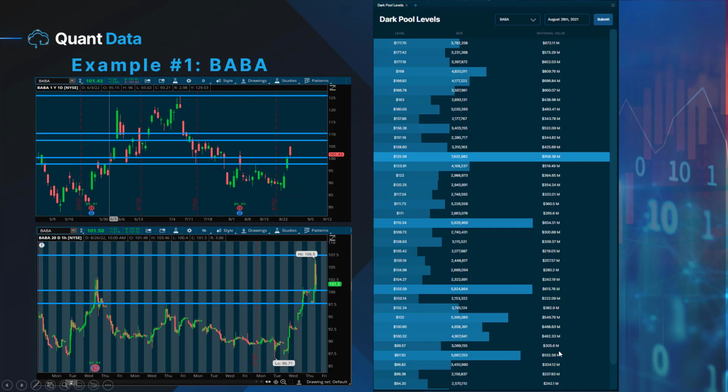So over $500 million was executed at this 97.50 level on the symbol BABA. And if we look at the chart, as soon as we broke through 97.50, we had a run all the way up to 106.5 in just one day, because that was a very strong price level that you see we actually rejected at in the past.